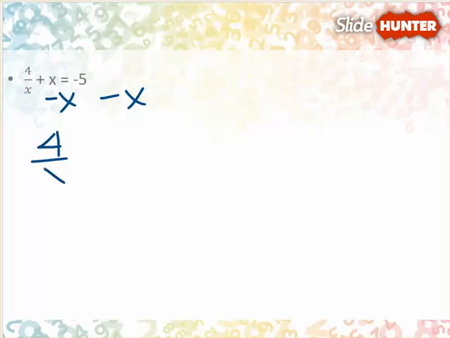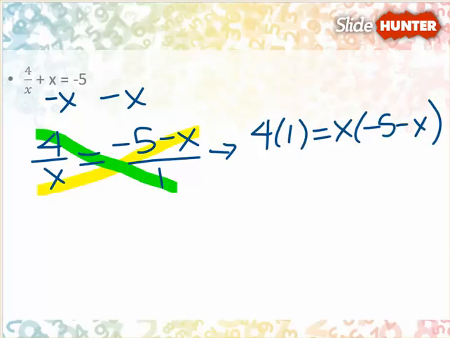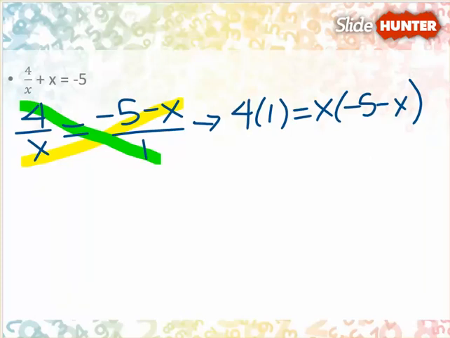So 4 over x will equal negative 5 minus x. Just like in an earlier problem, we can make that into a fraction by putting it over 1. Now we'll cross multiply. So 4 times 1 is going to equal x times negative 5 minus x.